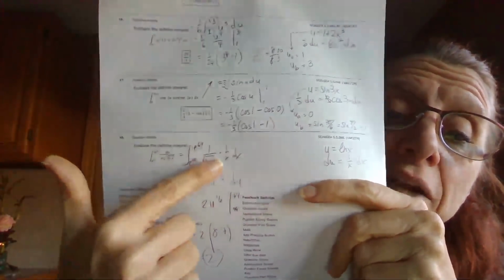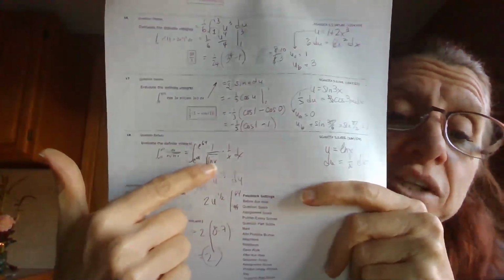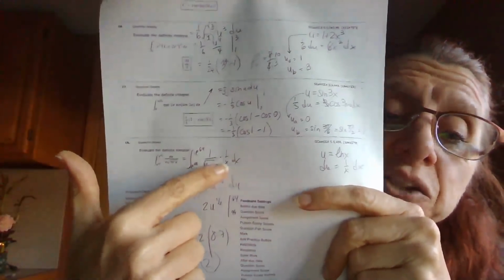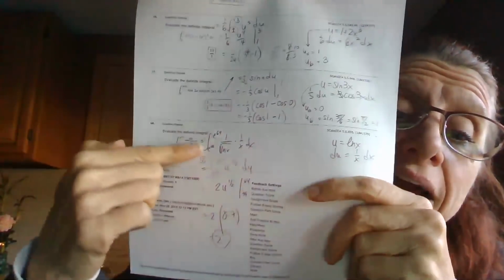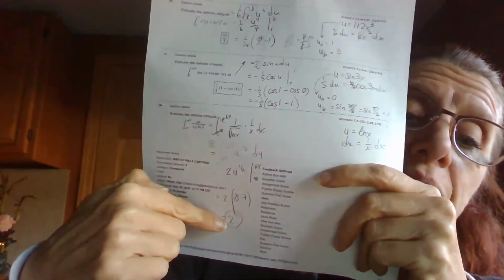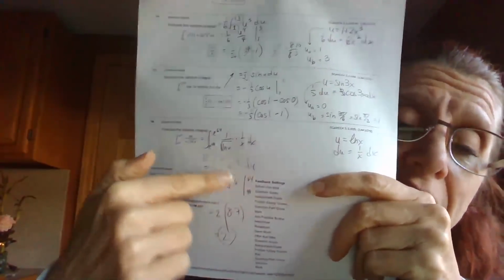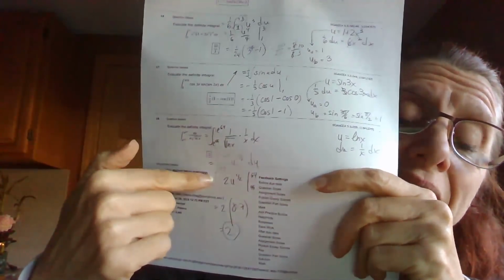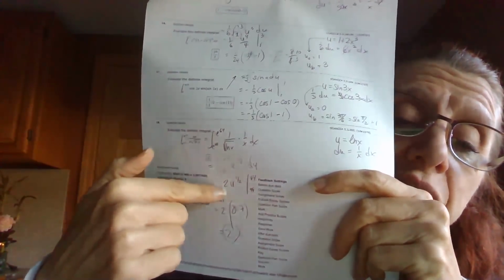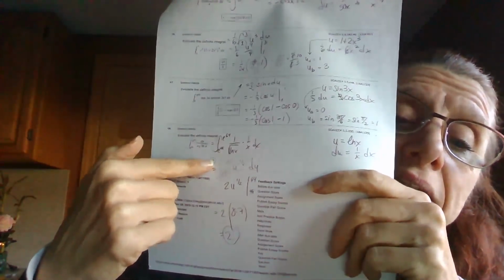See how I took the x and I wrote it as 1 over x, because I want you to see that the ln of x has a derivative of 1 over x. And here I have a nice clean 1 over x dx, which made it nice, again, to do the substitution, nice to integrate.